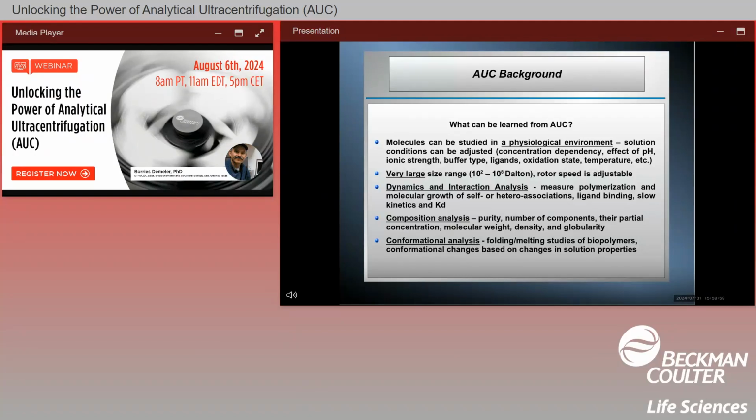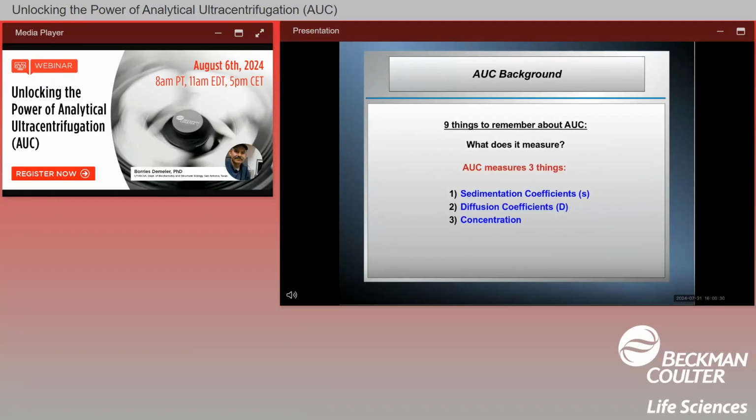We can use AUC to perform composition analysis, where we characterize the purity, the number of components in a mixture, the partial concentration of each analyte in the mixture, the molecular weights, densities, and globularity. The conformational analysis is further possible to characterize folding or melting studies of biopolymers, conformational changes based on changes in solution properties, and so forth.